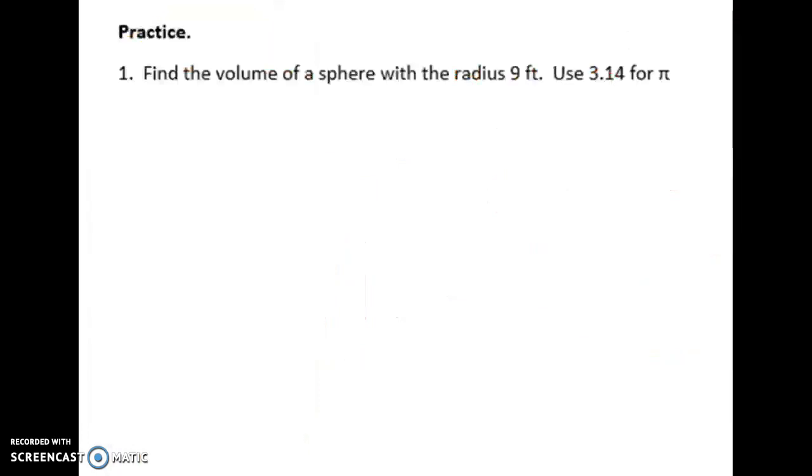So like I said, we're going to look at lots of different examples. The one thing we have to know is what the radius is. So this one says find the volume of a sphere with the radius 9. Perfect. We know the radius is given. So we're going to use our formula, 4/3 times pi.